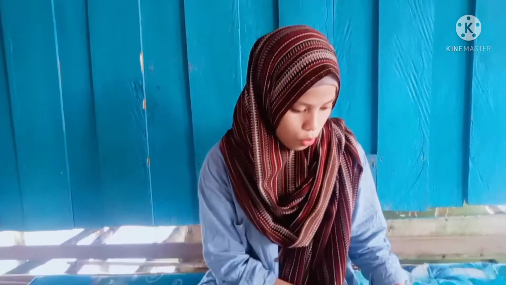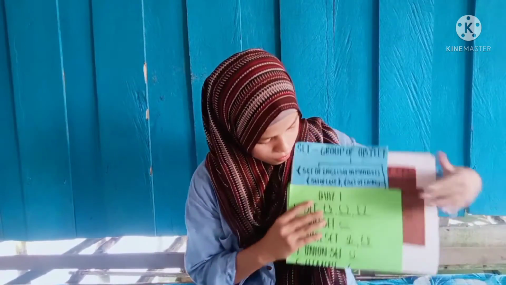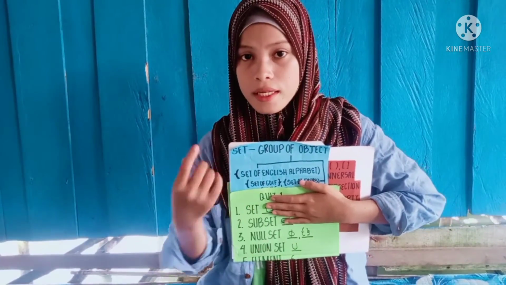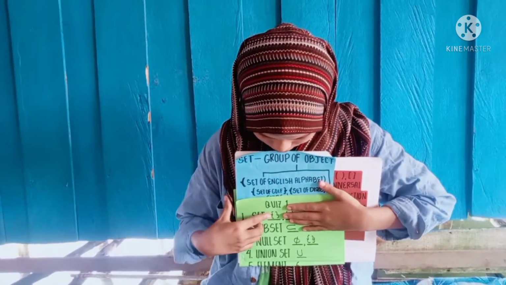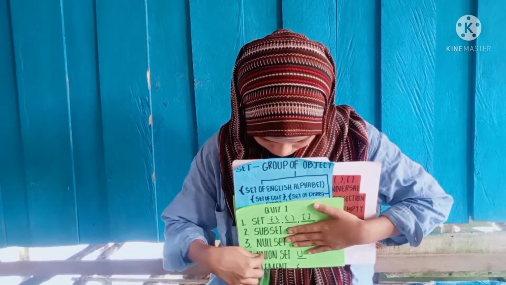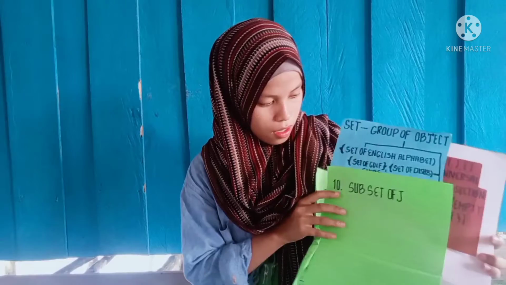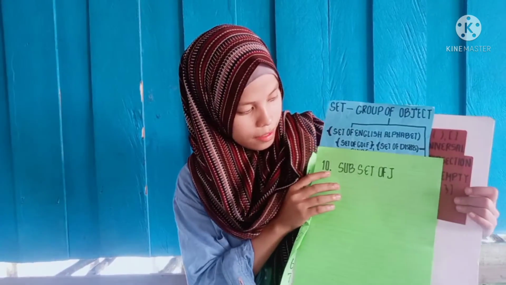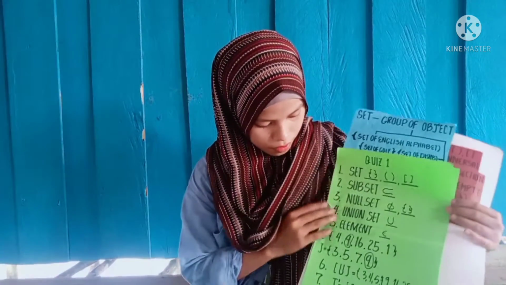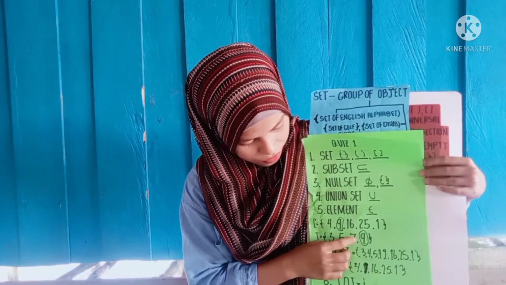Now let's proceed to our quiz. Our quiz is taking the symbols of the set. What are the symbols of set? We have subset, null set, union set, and element. Take the subset of set J, which is here. Set J is a set of 3, 5, 7, and 9.